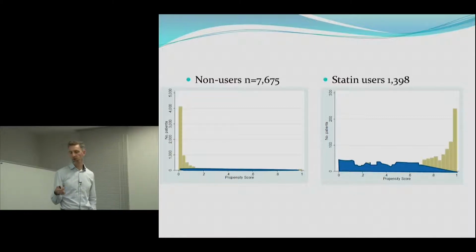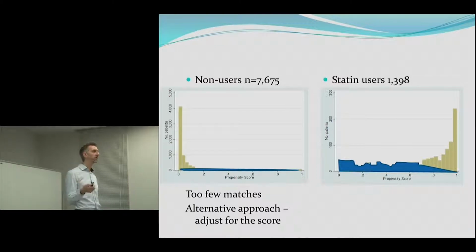So we decided not to match, and instead we decided that we would adjust for the score in the analysis. That means we have a statistical model where we just have the exposure, statin or not, and the propensity score. This could be as a categorical variable or a continuous variable, depending on what made most statistical sense.